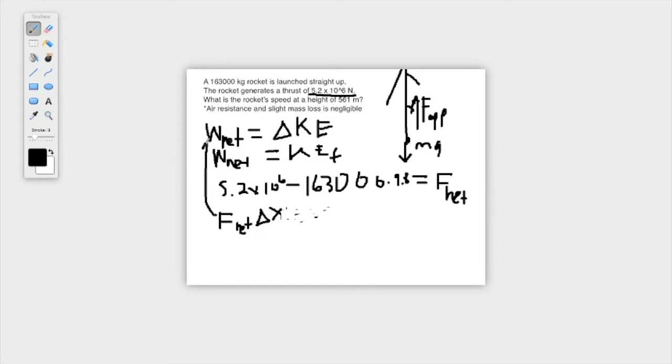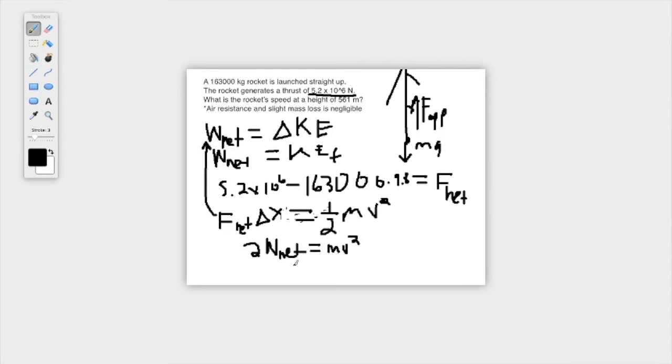So what we can do is plug it back into the change of kinetic energy. That's the same thing as KEF, and KEF is just 1/2 mv squared. Let's multiply 2 on both sides. I'm just going to sub that in for W net, and then you get m times v squared.